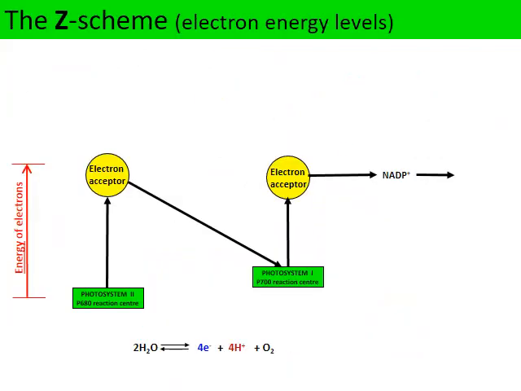Now, the energy of the electrons can be represented in what we call the Z scheme, and this represents the energy from the 2 electrons in chlorophyll A in photosystem 2 on the left hand side.